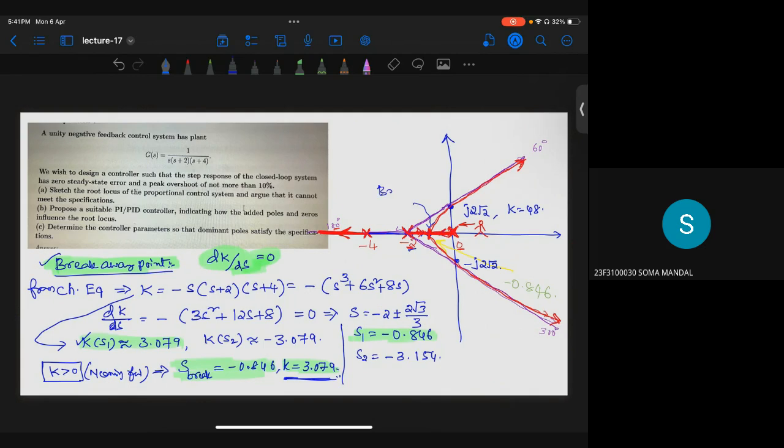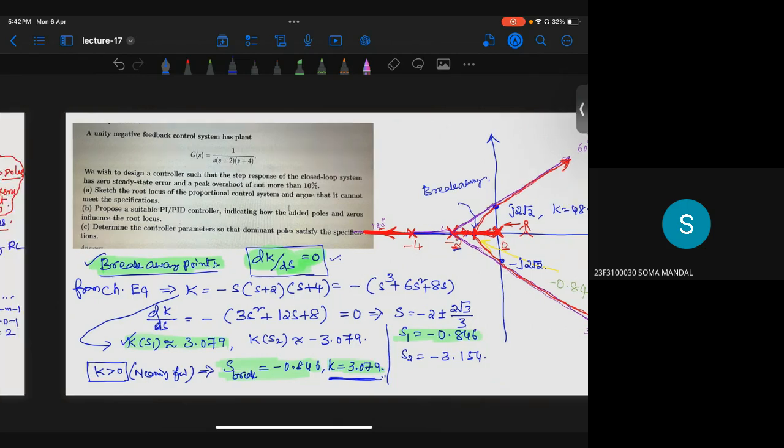We say that is the breakaway point because they are going away. We will calculate that using this equation. At that point, the derivative of k with respect to s becomes 0. So dk by ds equals 0. That equation we will try to solve.